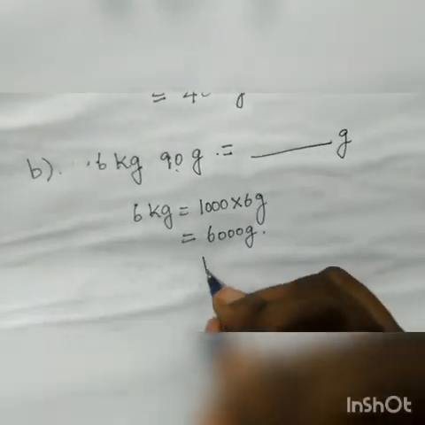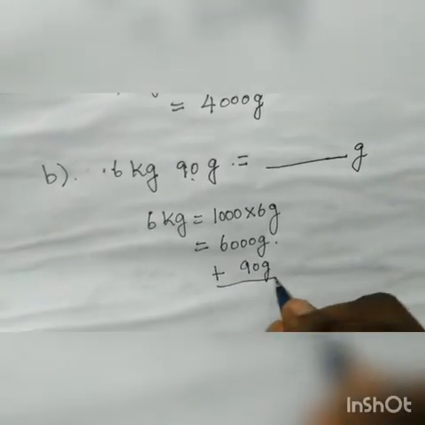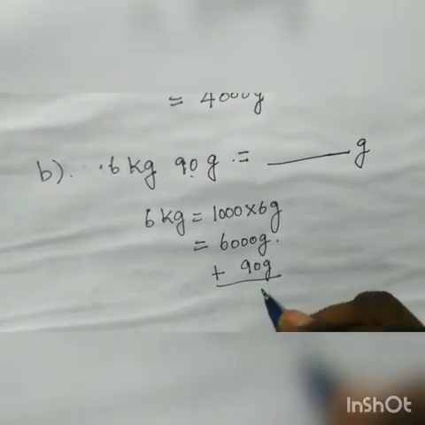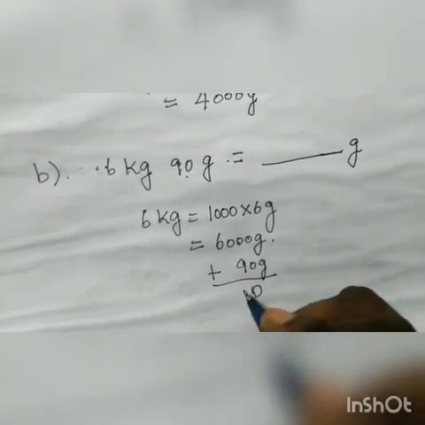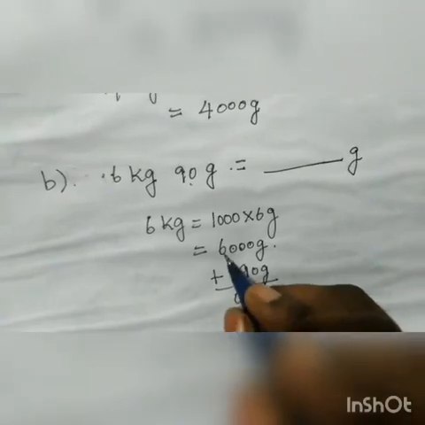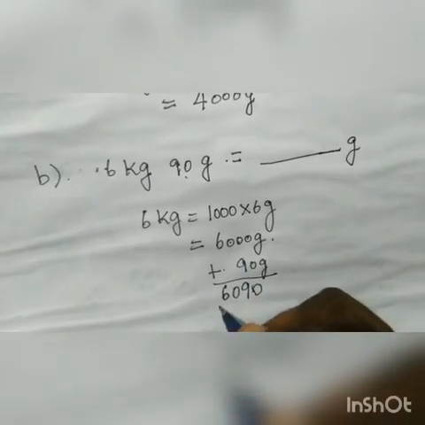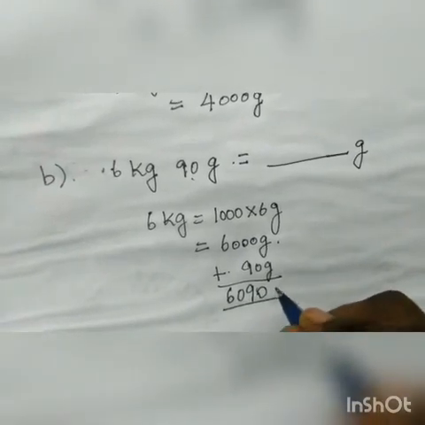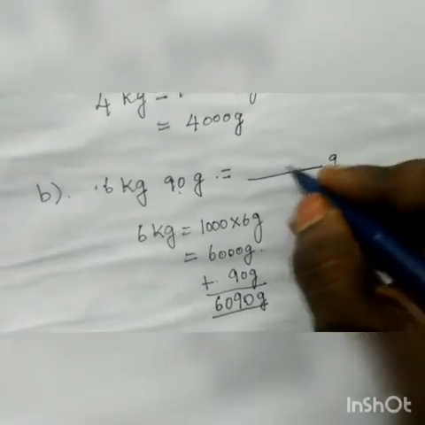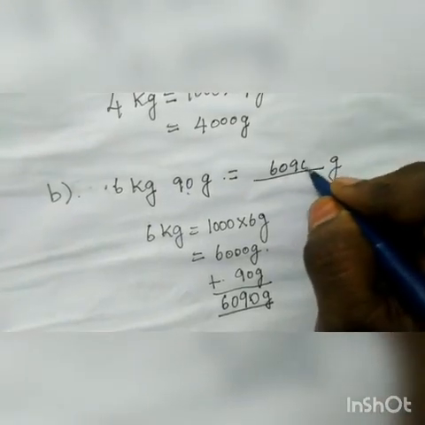Here we have 90 gram, right? So add 90 gram with 6000. Then what will we get? 0 plus 0, 0. 0 plus 9, 9. 0 plus nothing, 0. 6 plus nothing, 6. So 6090 gram. Therefore 6 kg 90 gram is equal to 6090 gram.